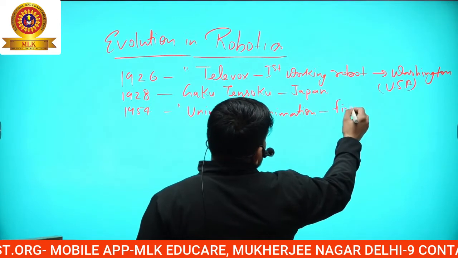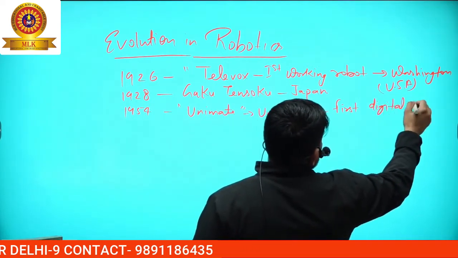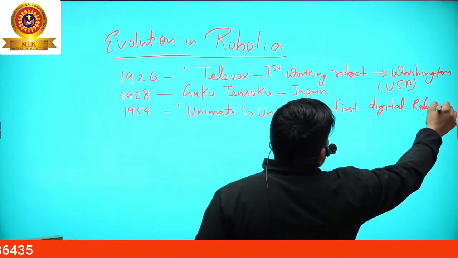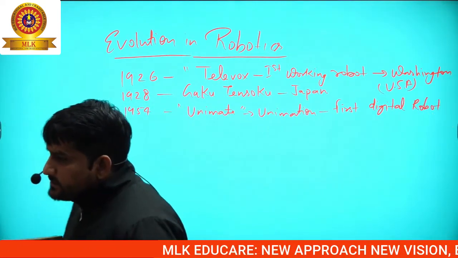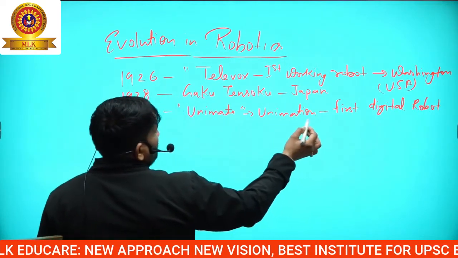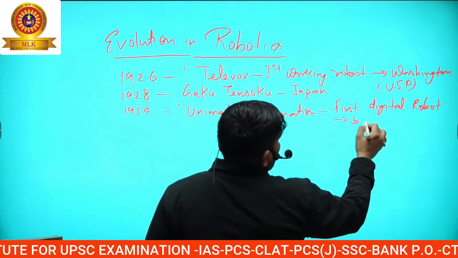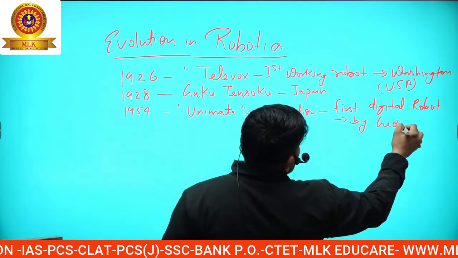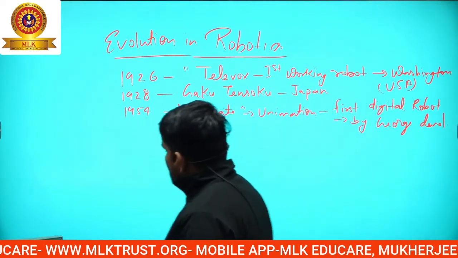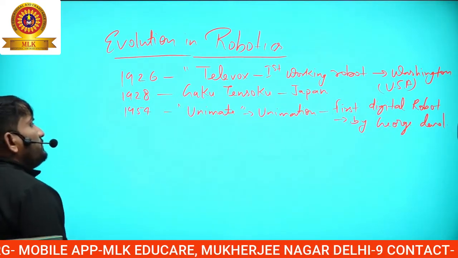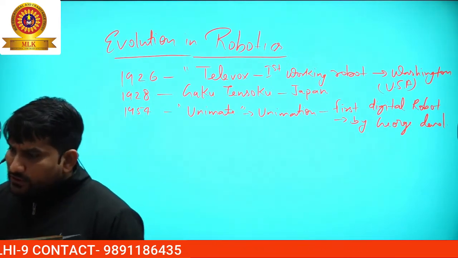Okay. And this Unimate robot is actually designed by George Devol. Okay. So in the year of the 1954, the Unimate, okay, this is the first digital robot.